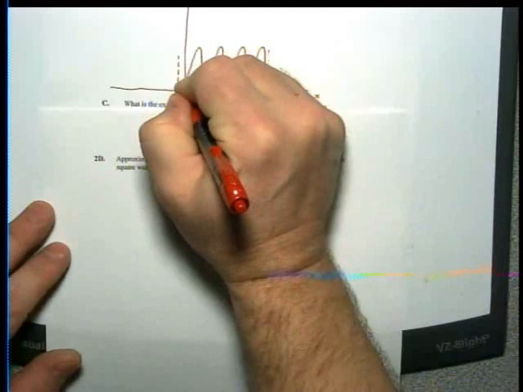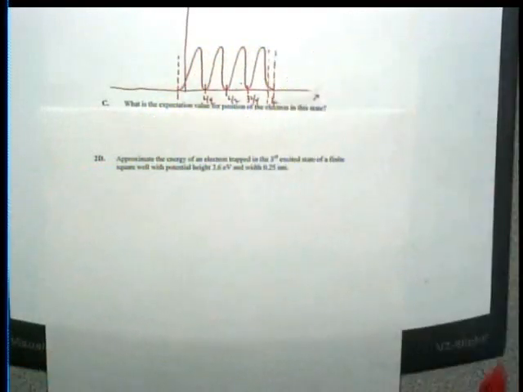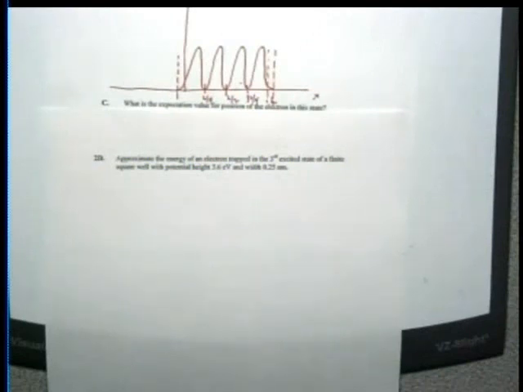Well, what it kind of looks like is that it's made the well bigger. It's like it effectively increased the length of the well. So as an approximation, maybe what we could do is just use the formula for the energy levels of the infinite well, but put in a new L, a new width, and get an approximation. If you do that, that's called approximating a finite well with an infinite well. And that's the next set of notes in the textbook.